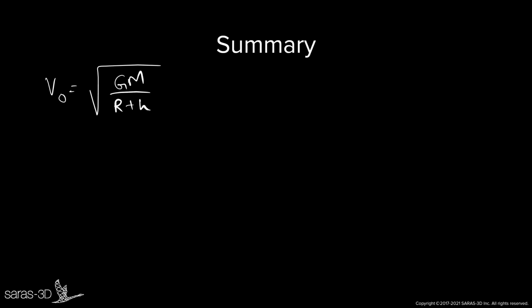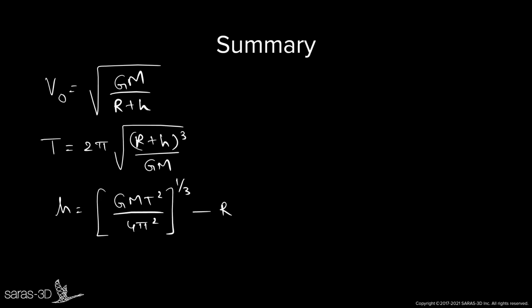The orbital velocity is square root of GM divided by (r plus h). In all the cases you can replace GM by small g into capital R square. The time period is T equal to 2 pi root of (r plus h) cube by GM. Height of the satellite is (GMT square by 4 pi square) to the power 1 by 3 minus r.